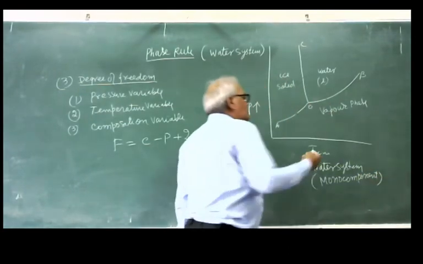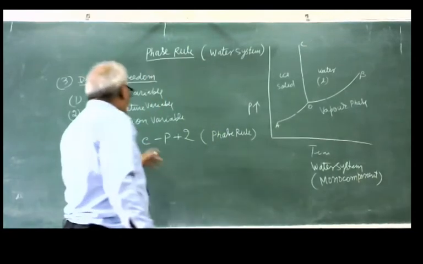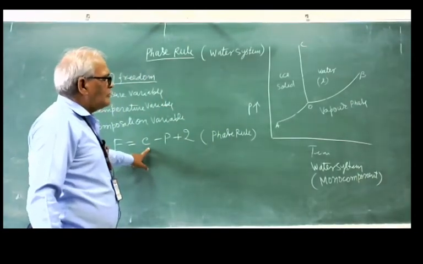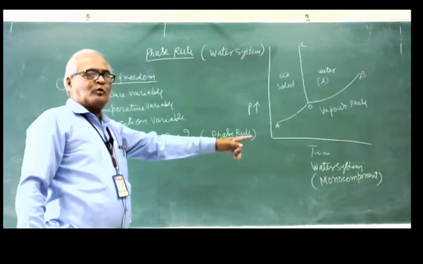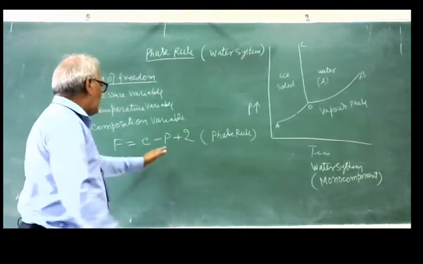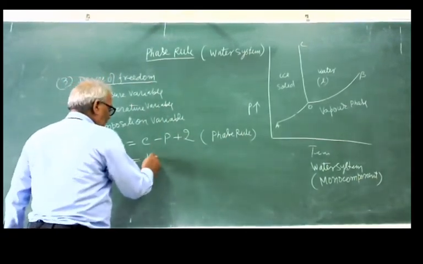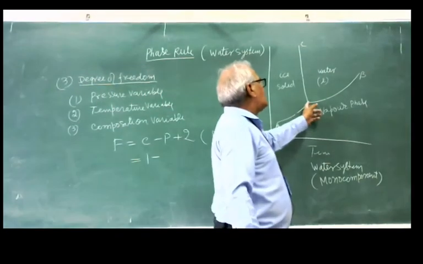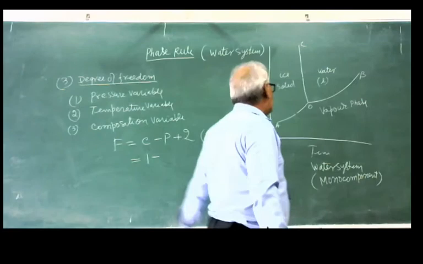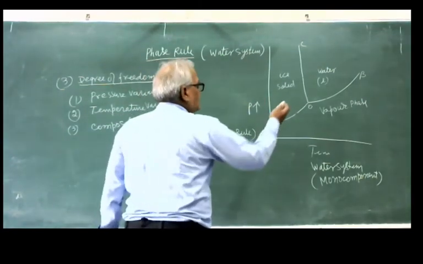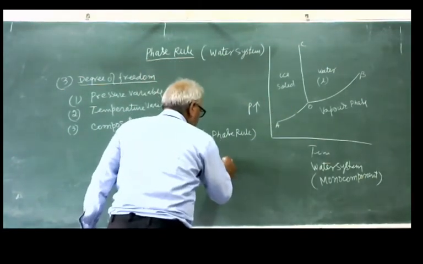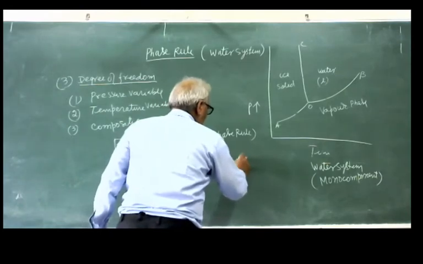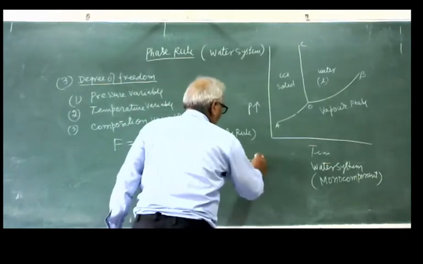So the value of C is known, 1 minus P. Suppose you have to calculate degree of freedom at OB. OB means water and vapor equilibrium.